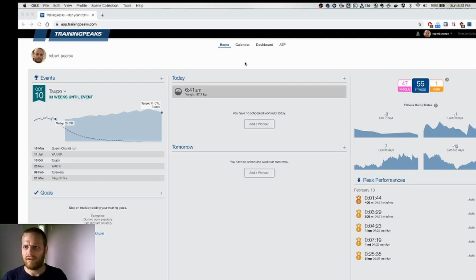So Training Peaks has a lot of features. It has a lot of data and a lot of number crunching. It comes from a cycling background, and some of those statistics are a little bit more cycling focused or power based. With running, it works fine.